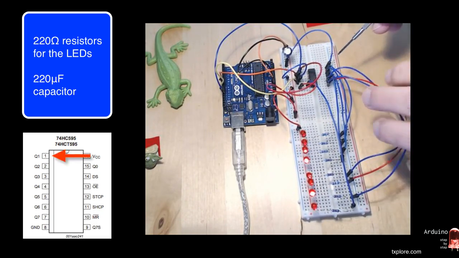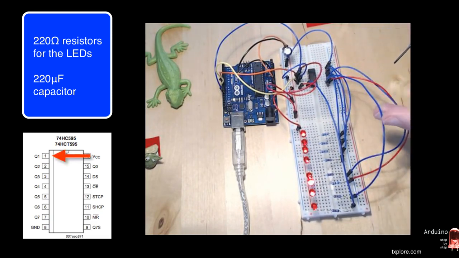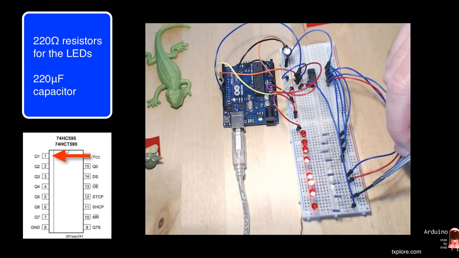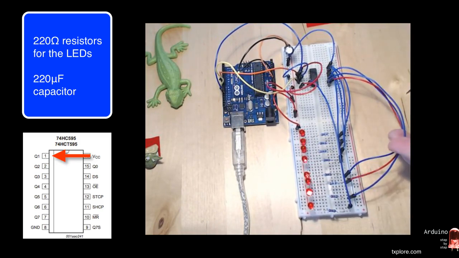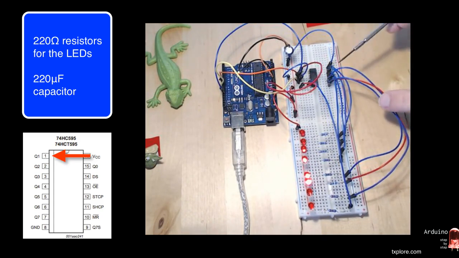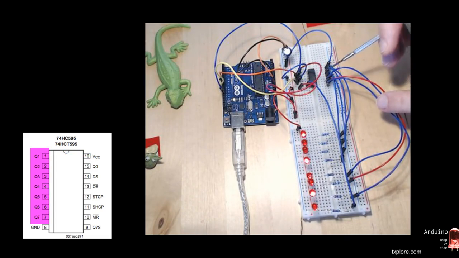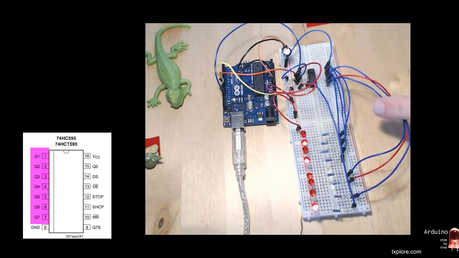So this one here. So take a wire, connect output 1, which is on pin number 1 of the shift register, connect that to the LED that I'd like to correspond to that pin, and so on. So this side of the shift register are all the data pins, plus the 0th on the other side.